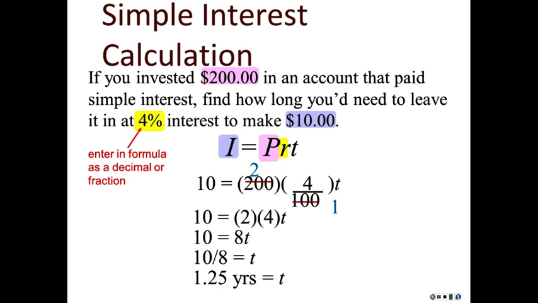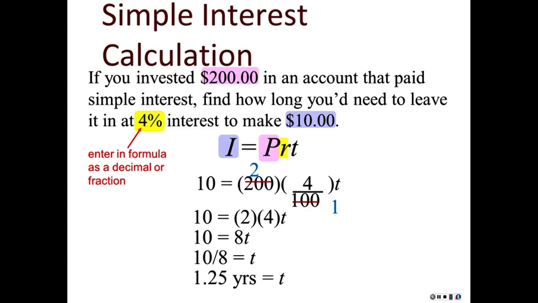Yeah, a quarter of a year is 3 months. So 0.25 is a quarter. So you can say 1.25 years or 1 and 1/4 years, or you could just say 1 year and 3 months, which most people would understand. Okay? So there's a lot of ways you could write that answer.